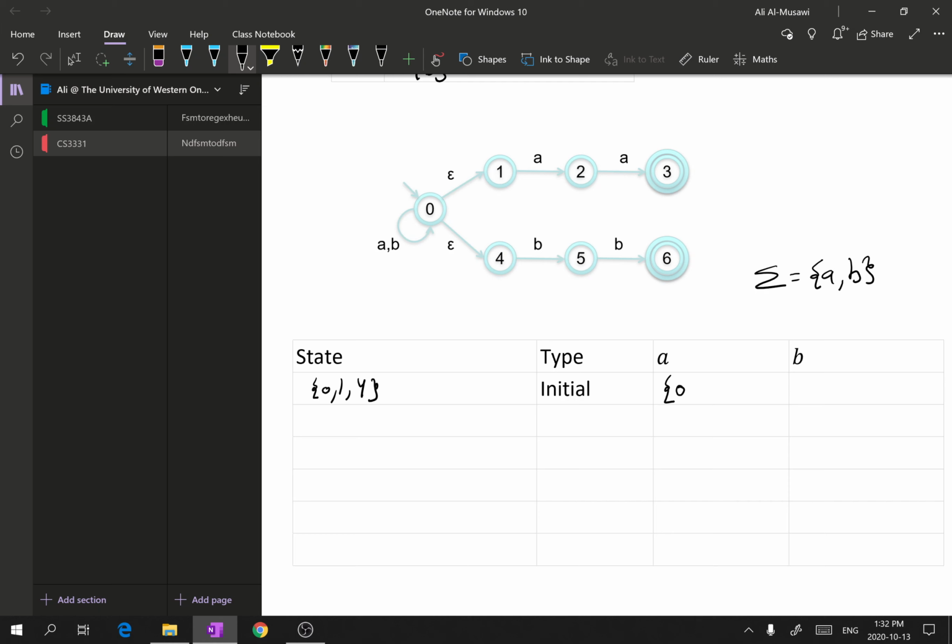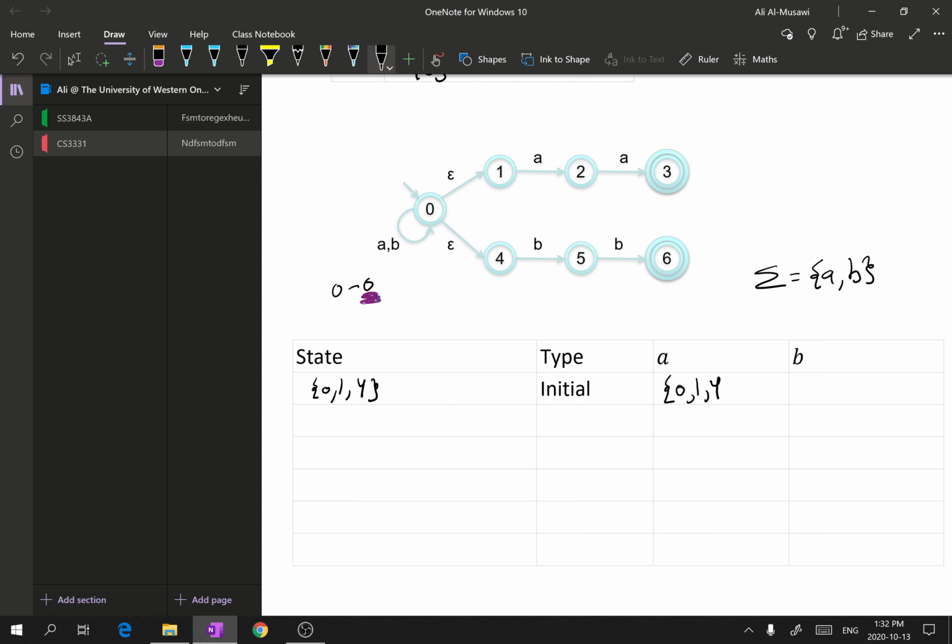Now, whenever you see a transition, so on a letter to some other state, you have to take the epsilon closure of that state. So here I have 0 to 0. I have to compute the epsilon closure of this state over here, okay? So the epsilon closure of this is 0, 1, 4. But since this is a set, we don't repeat the same element twice. We're not going to put 0 again. We're just going to have 1, 4.